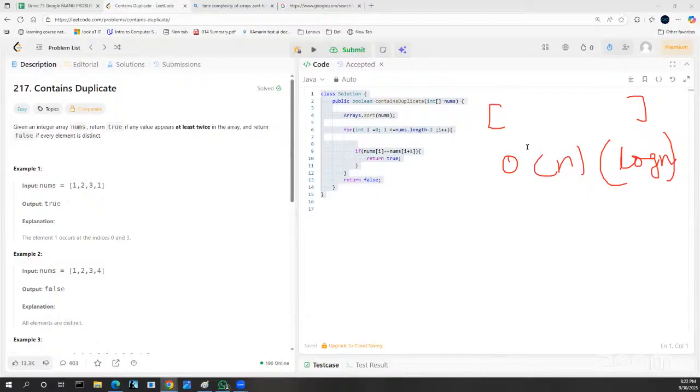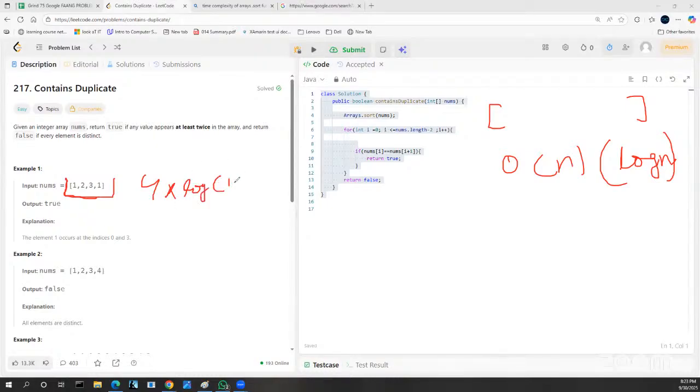So what does this mean? Could you explain that as well? What does O of n log n mean? If we see our example one, there are four operations. It means that if we sort this, the maximum number of operations that are going to happen is 4 times the log of 4.